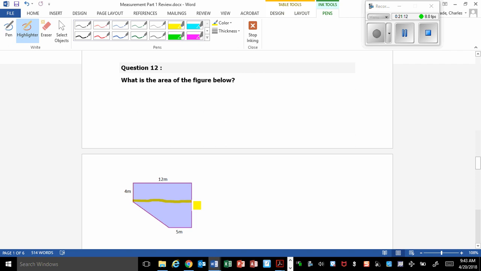We can cut it here and make a rectangle and a trapezoid. Or you could do the same thing over here and make this one and then this one. It doesn't really matter which one you do, you're still going to get the same answer.